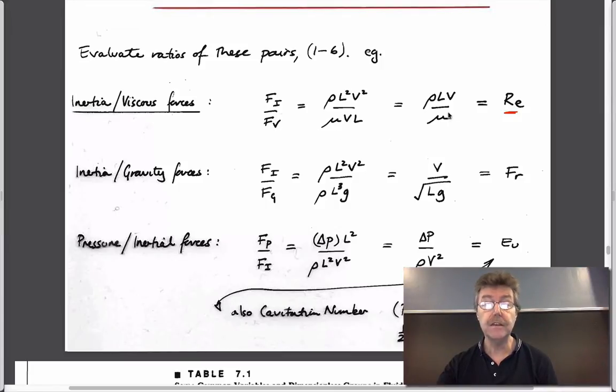It comes out to be a characteristic dimension embedded in here. The Froude number is the ratio of inertial forces to gravity forces, and also the Euler number is pressure divided by inertial forces.